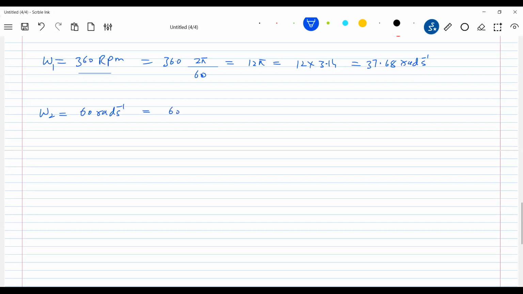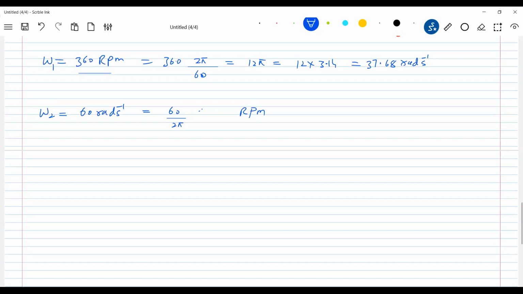60 is there. I'll divide by 2 pi because one revolution is 2 pi. Then per minute is there. So RPM, I should write it, where I'm bringing revolution in the numerator. So in the denominator, I should adjust 2 pi, per minute. Minute is what here?